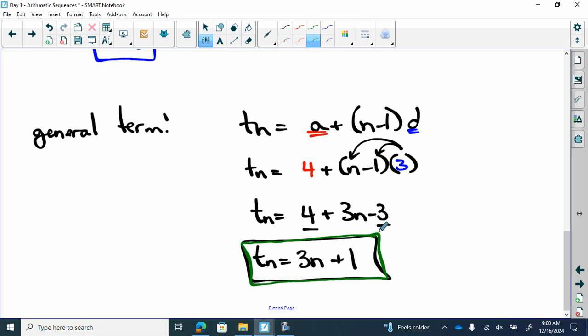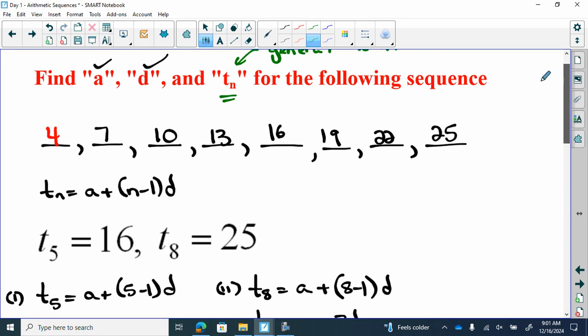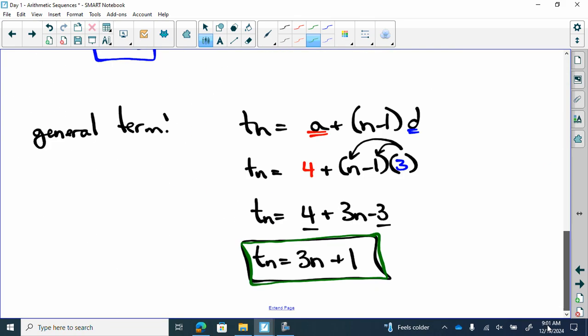That is the formula that I could use to find any term in this sequence. If you don't believe me, we could try it. Like if we look up here, what's the fourth term? 13. So that means if I replace n with a 4, I should get 13 for an answer. 3 times 4 is 12 plus 1, 13.